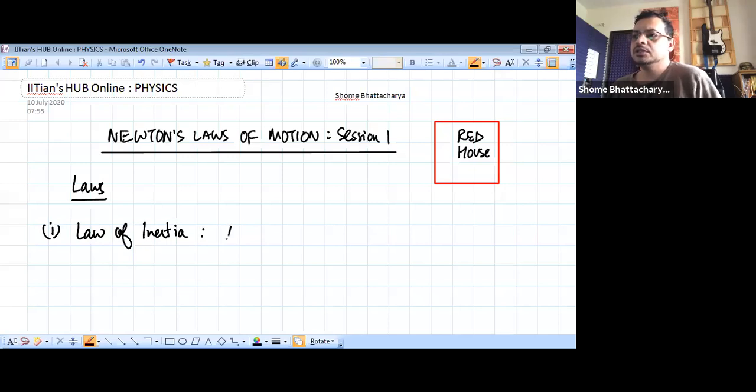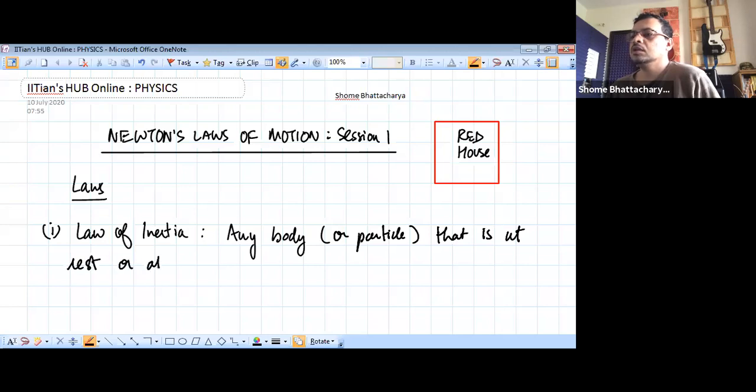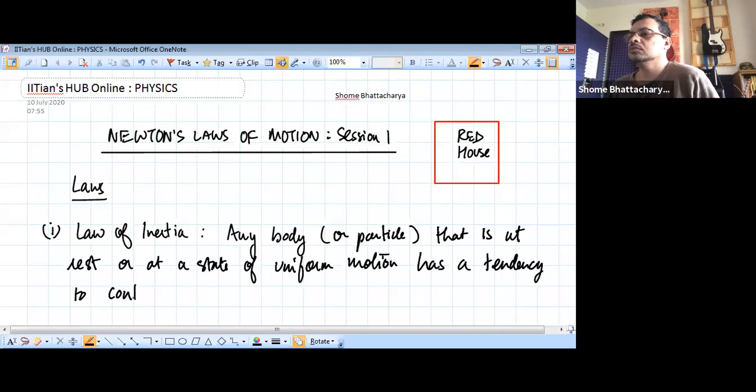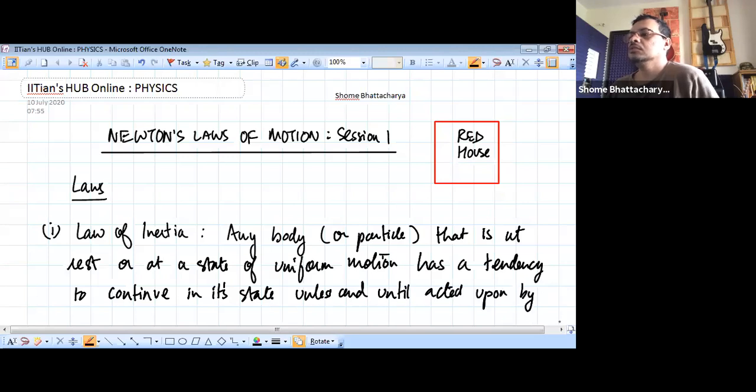The statement says that any body, or in this case we'll also talk about particle, body or particle, that is at rest or at a state of uniform motion has a tendency to continue in its state unless and until acted upon by an external force.